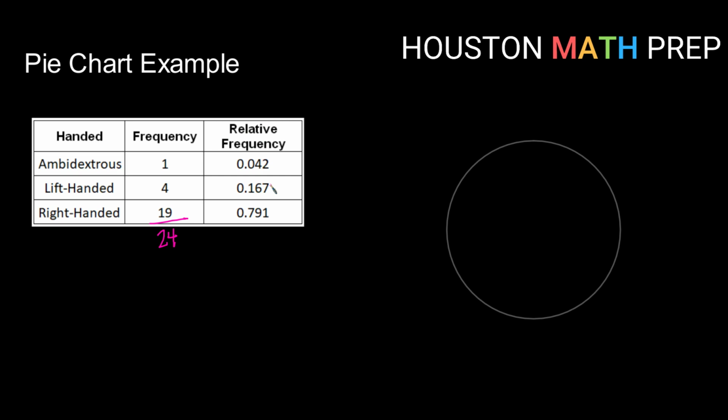So when we create a pie chart, after we've given it a title, so let's see, this is a pie chart of dominant hand. What we want to do is divide our circle up into 3 pieces that match the relative frequencies.